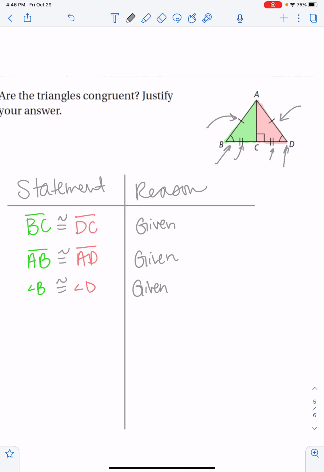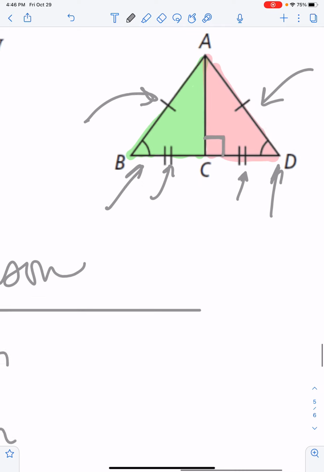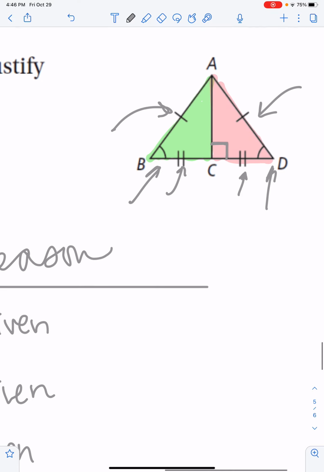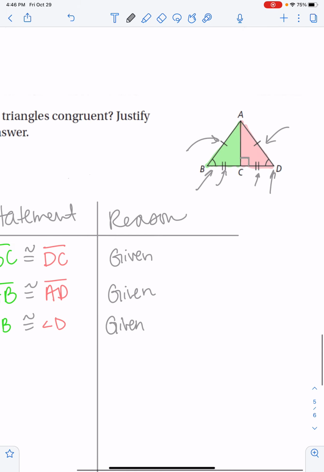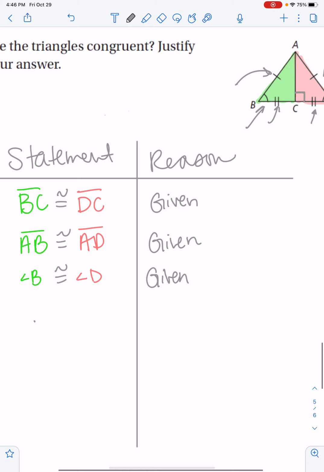And then this angle right here means it's a right triangle. So angle ACD, the angle that connects A to C to D, so that one, angle ACD, that is 90 degrees.